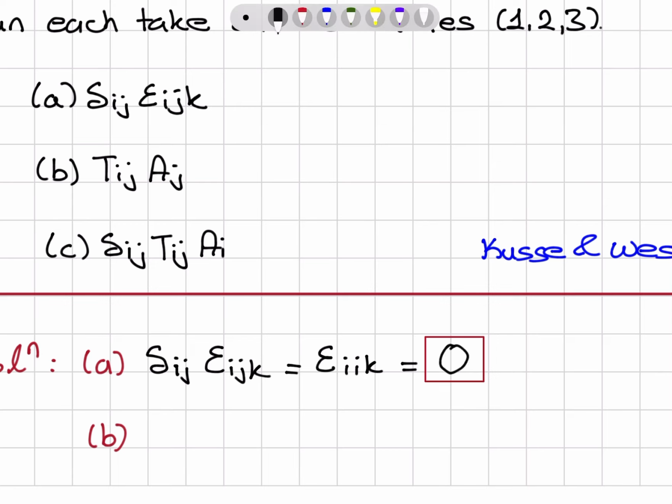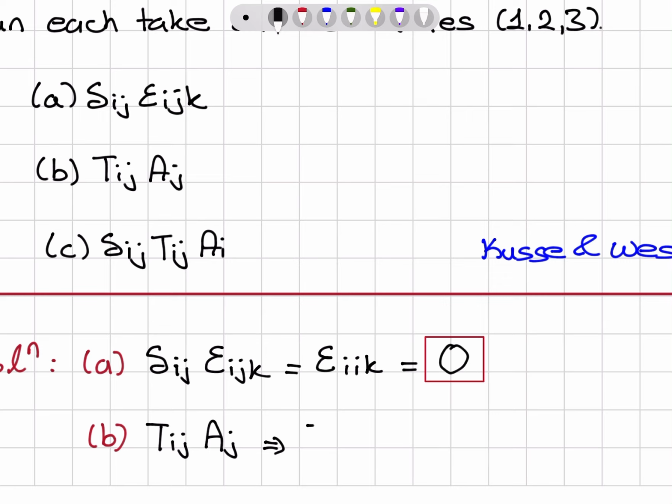Okay, next one, Tij Aj. This sounds like a matrix multiplied by a vector, and that means there will be a summation over the j index.